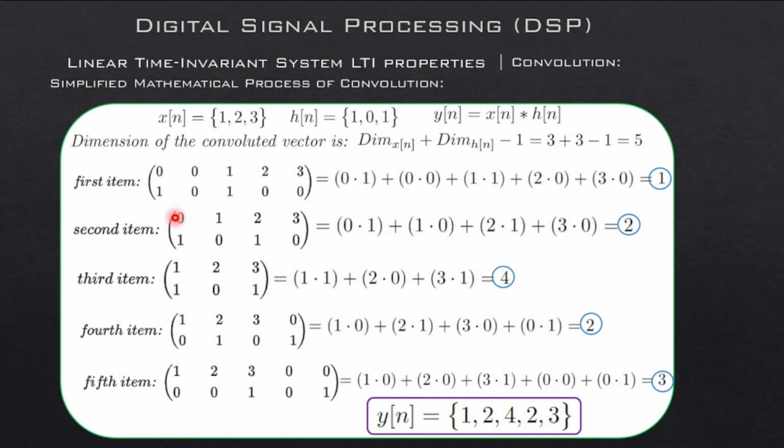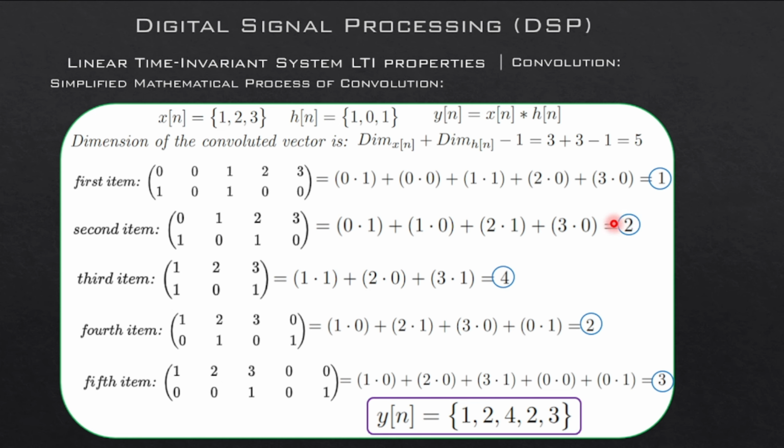Now you shift this to the right. So you see 1 0 1 is shifted to the right, and you restart the calculations. You have 0 times 1 plus 1 times 0 plus 2 times 1 plus 3 times 0, which is 2.